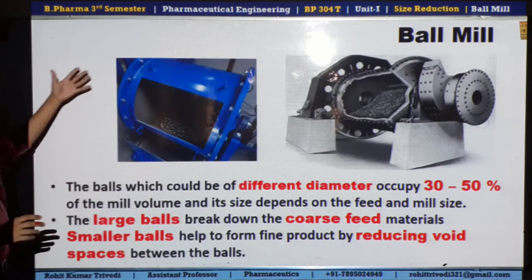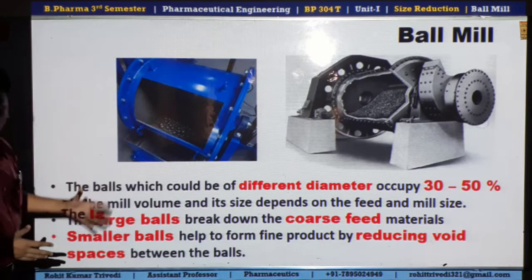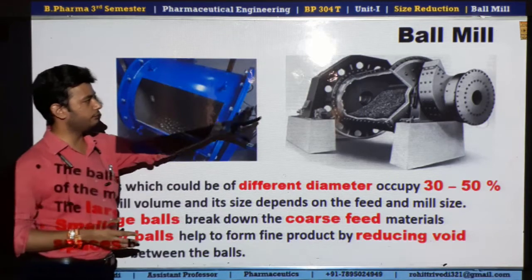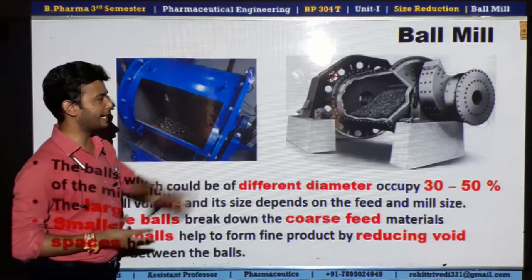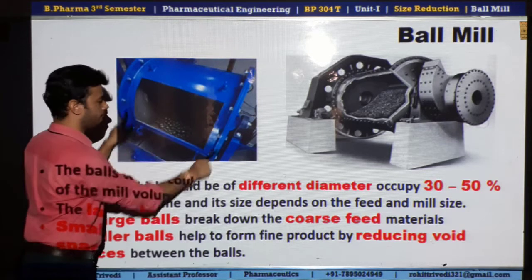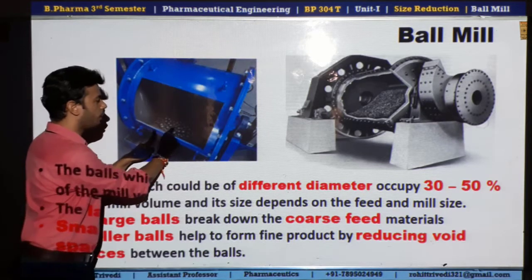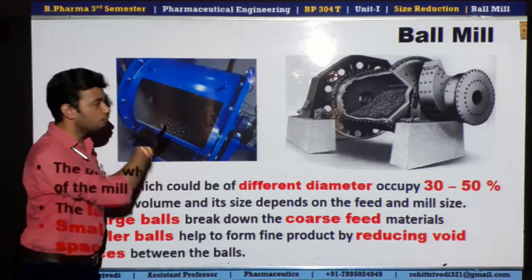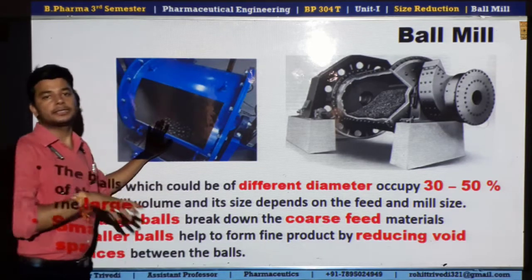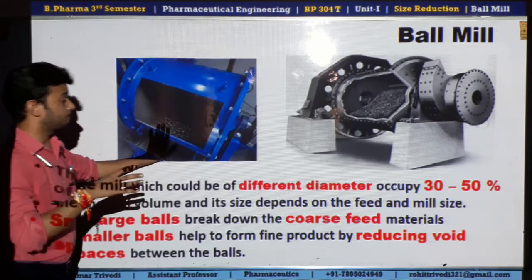Next, let's move further to the basic construction of the ball mill. I have given a few structures here, so you can easily identify what is inside the ball mill. It is a metallic cylinder in which balls or pebbles are filled along with the material that we are going to reduce in particle size.